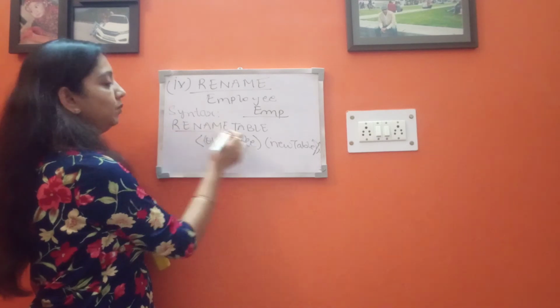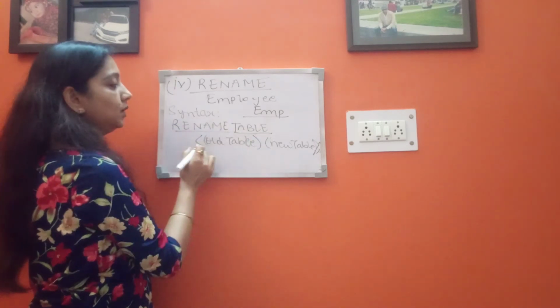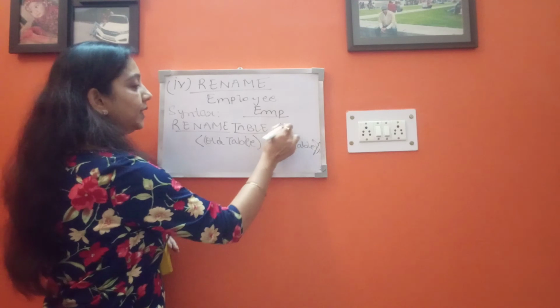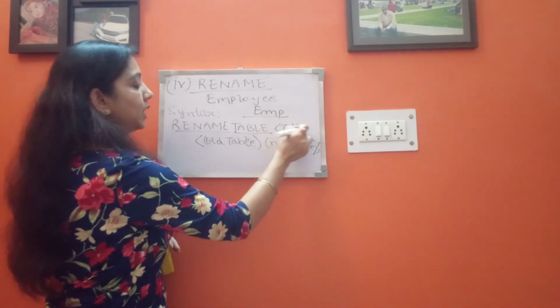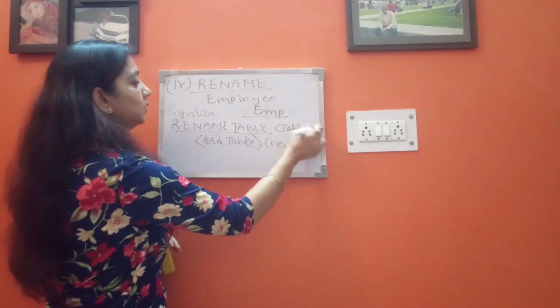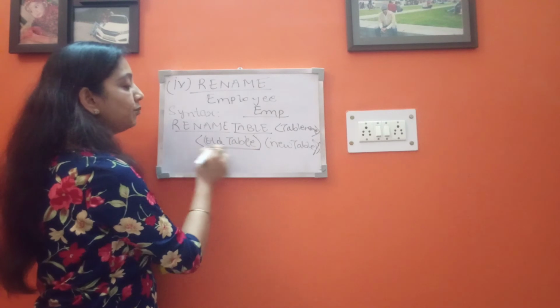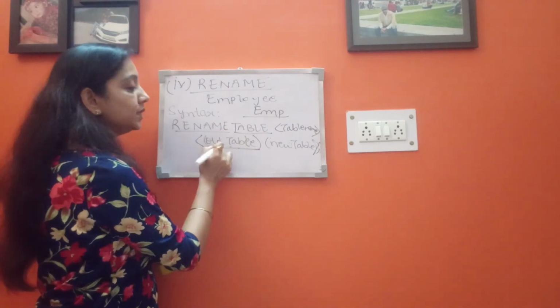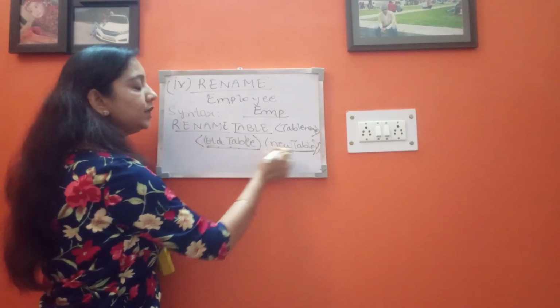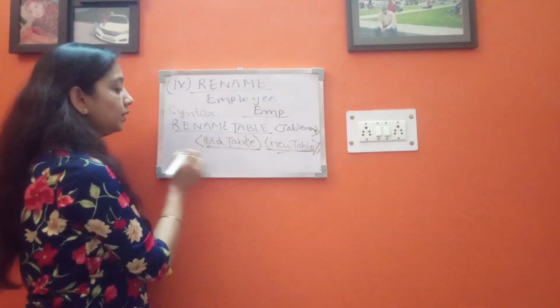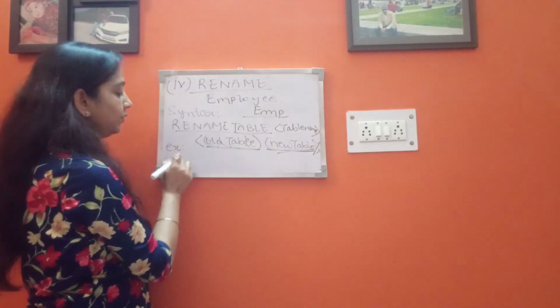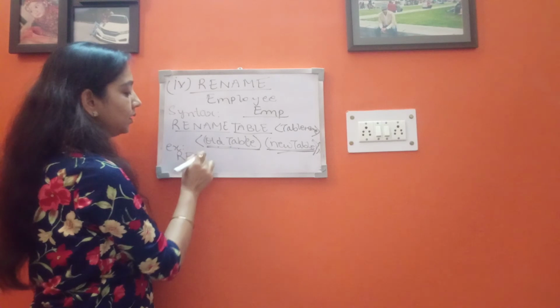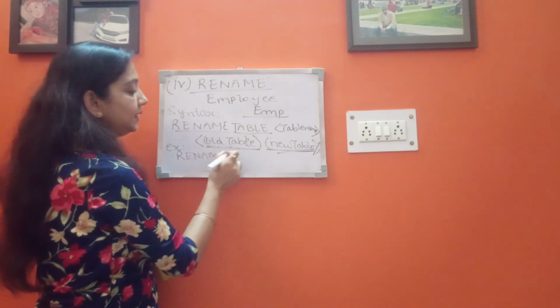I want to rename. What I want to rename? Table. What is the name of that table? I will mention here. Then, what is the old name that I want to change? This. What is the new name after changing? Is here. So, the example we will see is rename table.